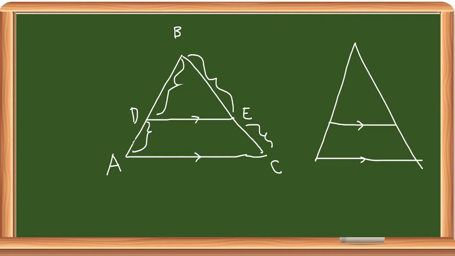Okay, if you are finished measuring them, I want you to get the ratio of AD over DB. The ratio of AD to DB. Okay? And then, after getting the ratio of the two segments here, I want you to also get the ratio of segment EC to segment BE.